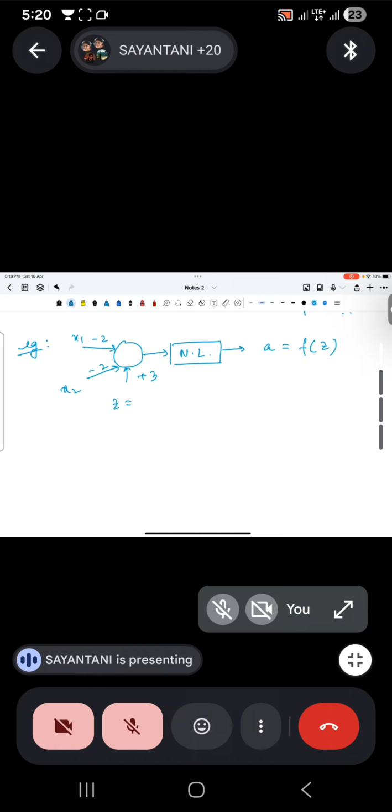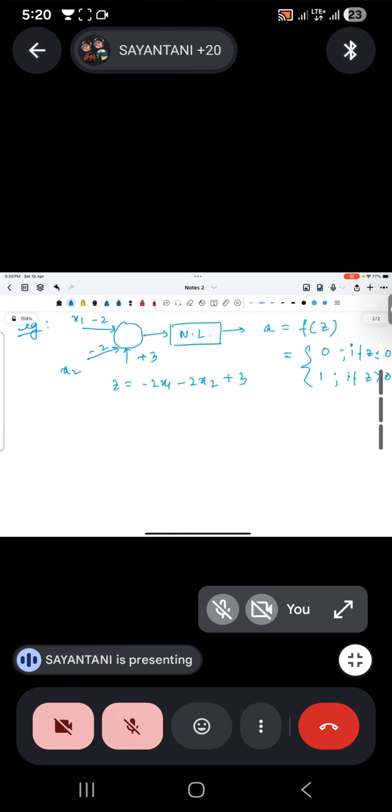So from here what we get is z equal to -2x1 minus 2x2 plus 3. So f of z, that is the final output, has two ranges. It belongs to class 0 if the value of z is less than or equal to 0, or it belongs to class 1 if the value of z is greater than 0.